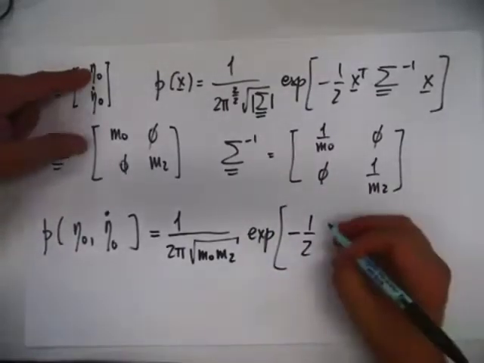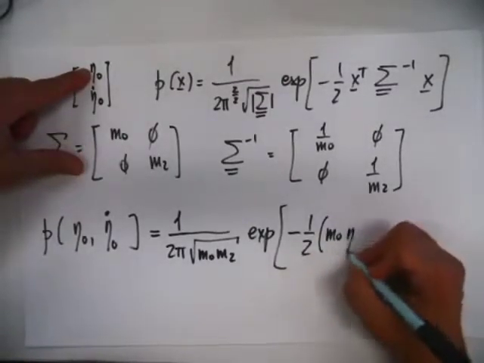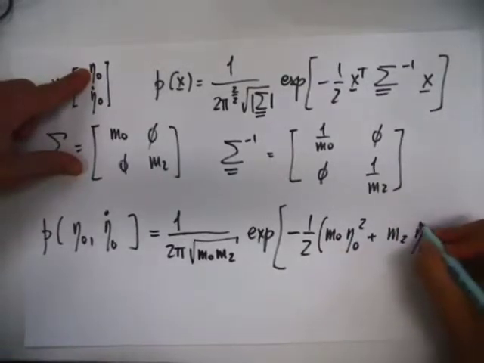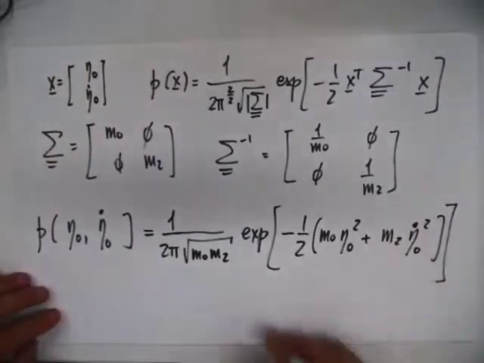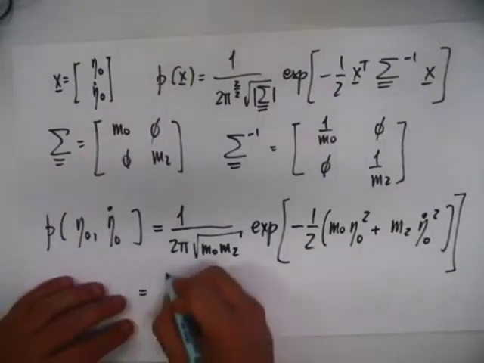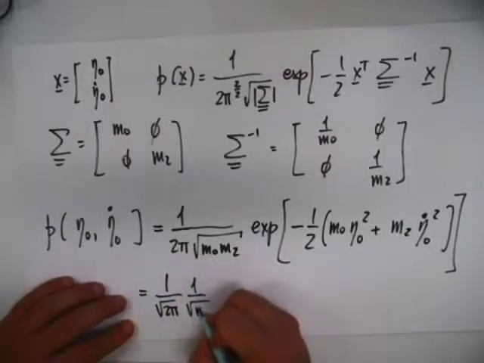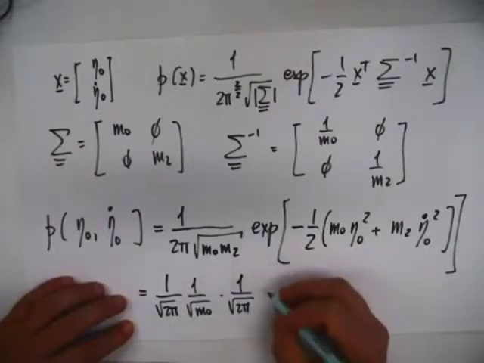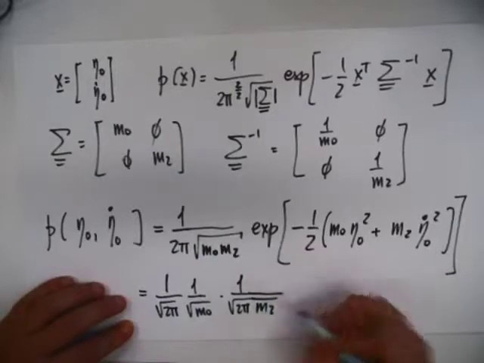That's pretty straightforward because it's equal to m0 eta 0 squared plus m2 eta dot squared. So actually we see that the processes are independent, because I can split this as 1 over square root of 2 pi m0 times 1 over square root of 2 pi m2.